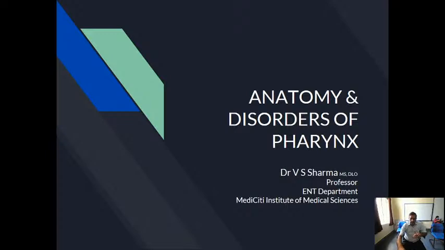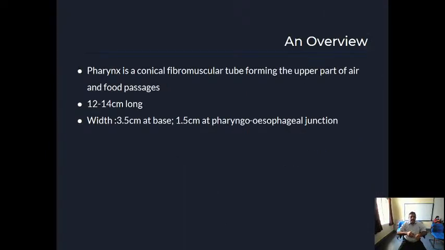Now, we will go into short detail about the anatomy of the pharynx. The pharynx is conical. You know what a cone is, a broad base that narrows down.